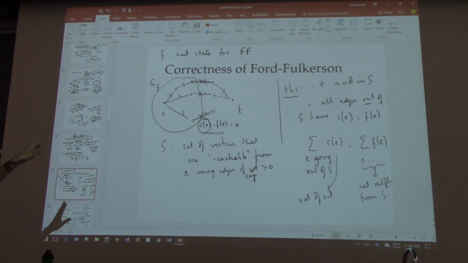Actually, positive is the right word, not non-zero. Negative is different. So look at everybody who is reachable with positive edge weight. That is S. That's it. So you just do a BFS to get S. Okay, any other questions? And that's why he was saying that you can use this as an algorithm for the cut itself: find this S, and this is the min cut.